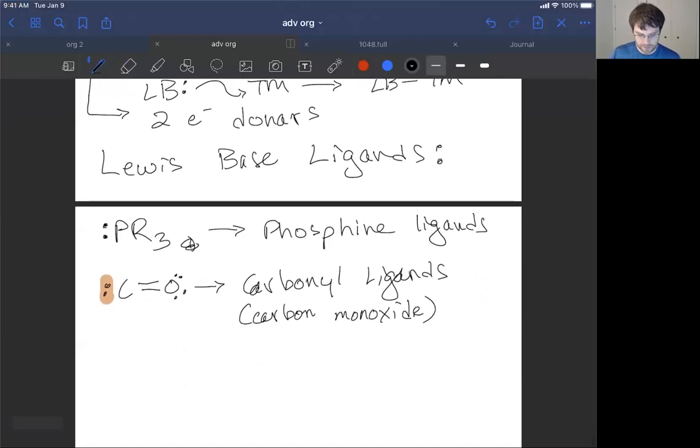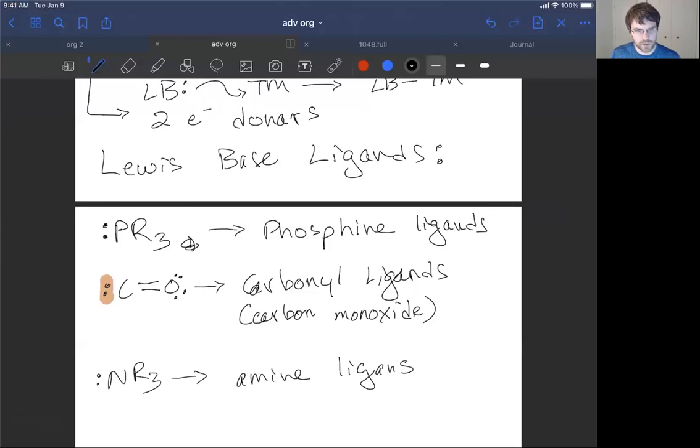So there are amine ligands. These also are Lewis bases, and they just provide 2 electrons. I'm looking for others, and they would exist by themselves to be neutral. But those are kind of the common ones.